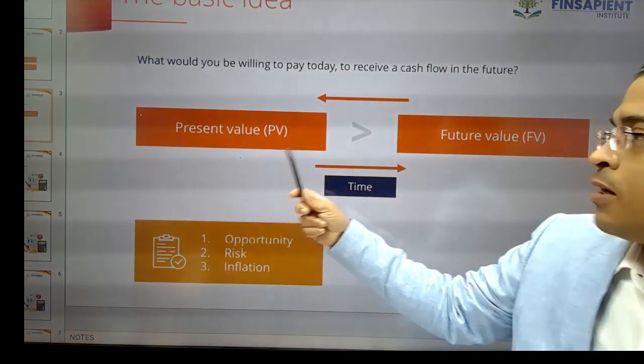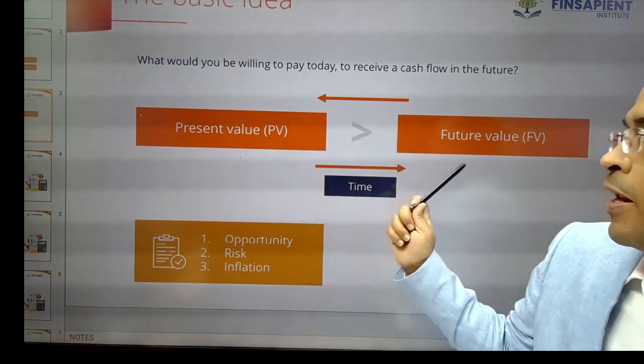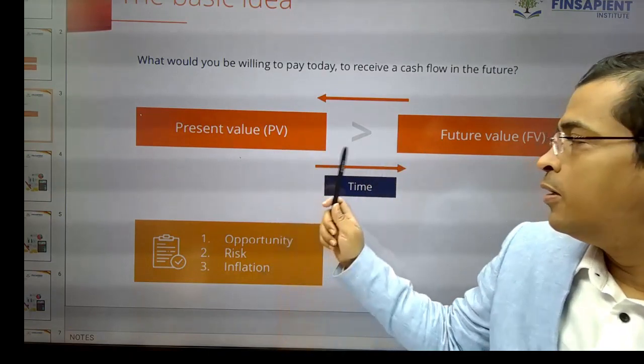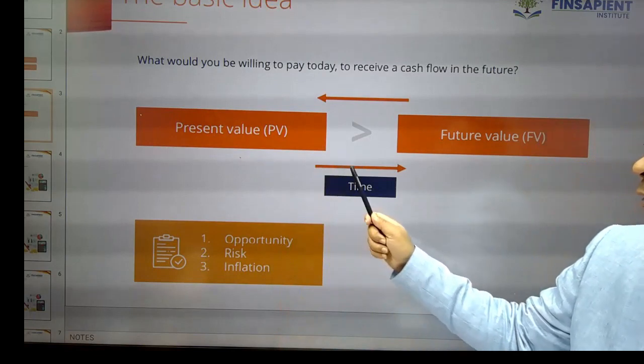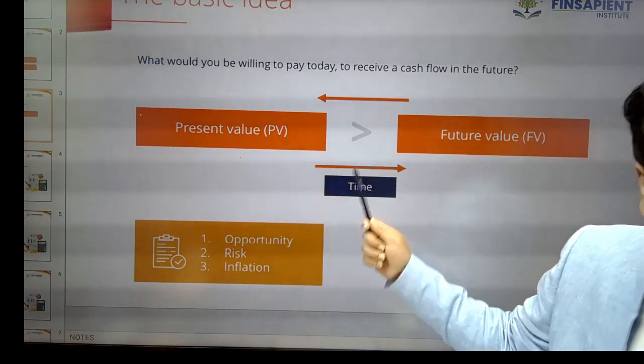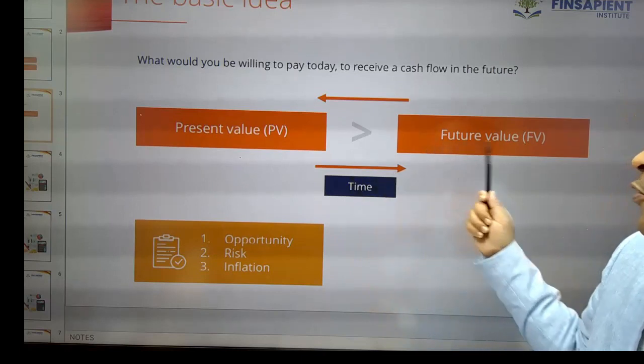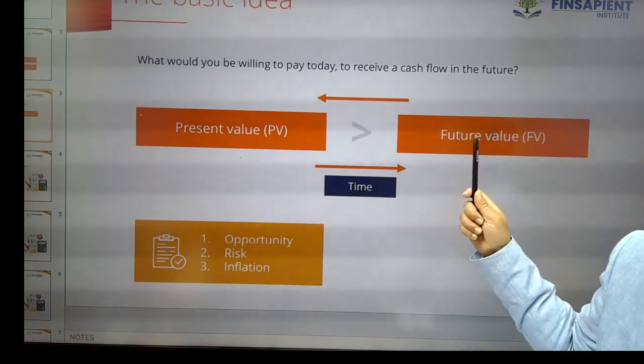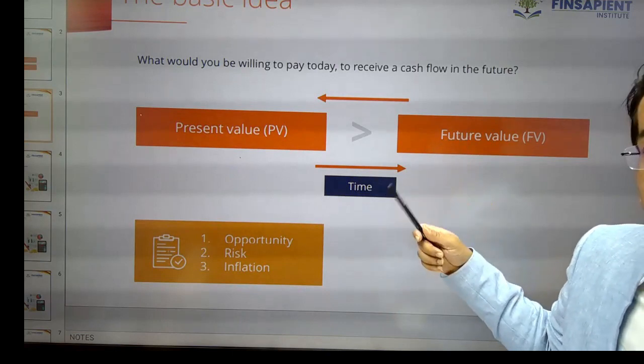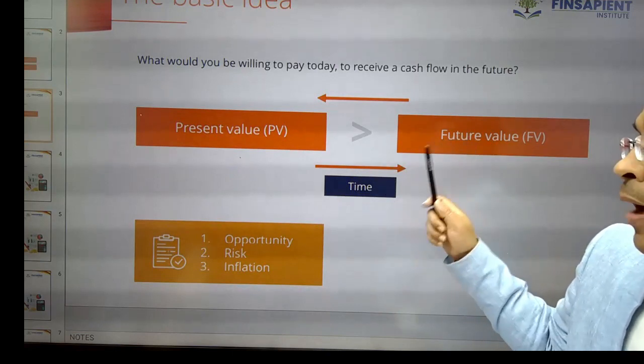And the same is true in the opposite direction. So present value today, if we apply a certain rate of interest, in some time it will be a future value, and that will, after compounding, become bigger and bigger.